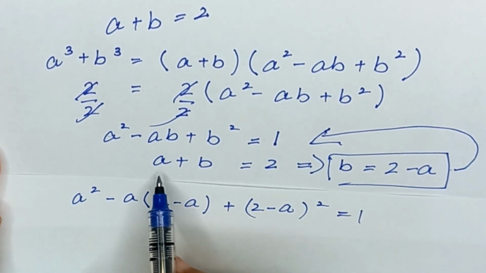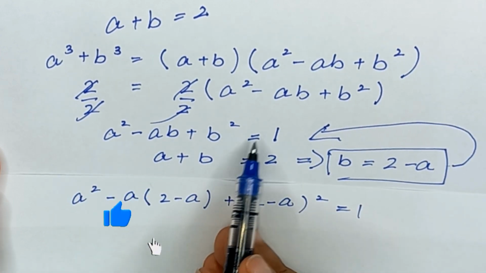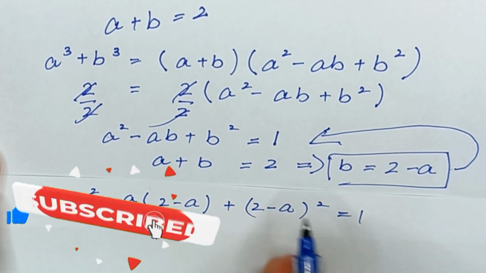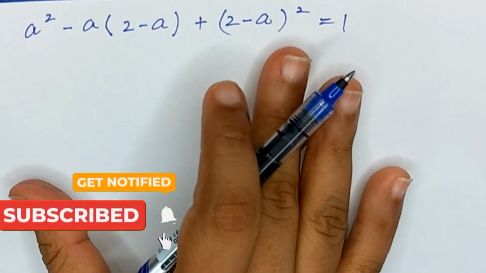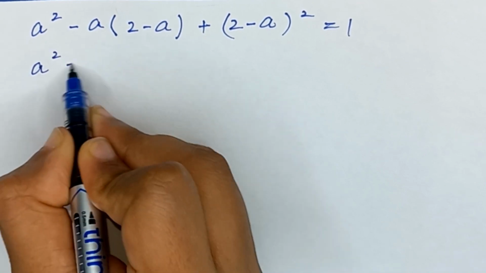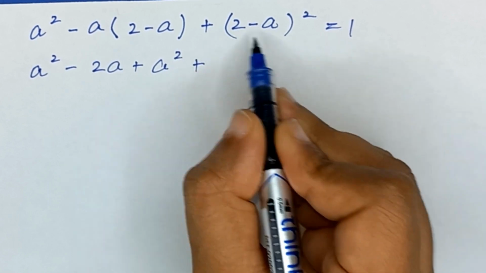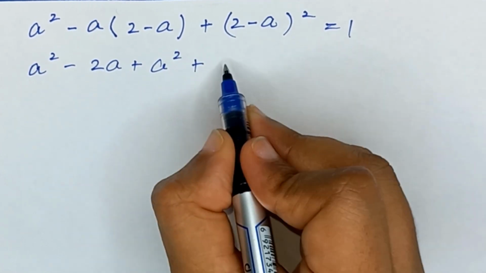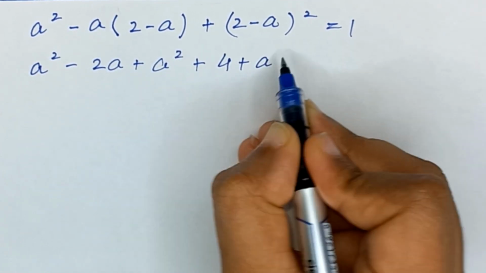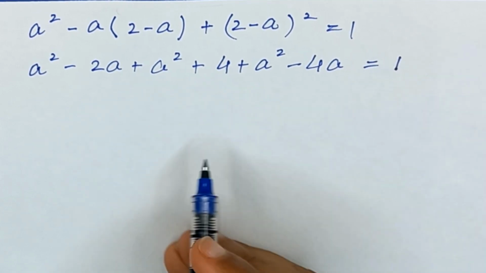Similarly, you can find the value of a in terms of b, substitute here, and find the value of b first and then find the value of a. When I simplify it, it will become a square minus 2a plus a square, and it is the form of a minus b whole square, so it will be 4 plus a square minus 4a is equal to 1.